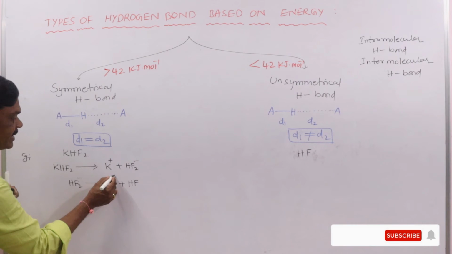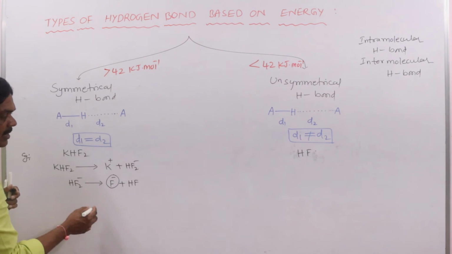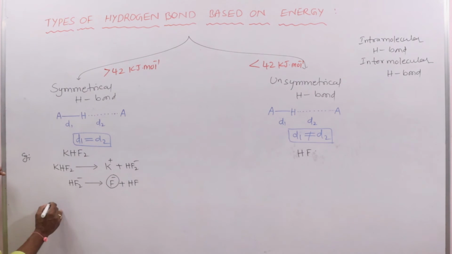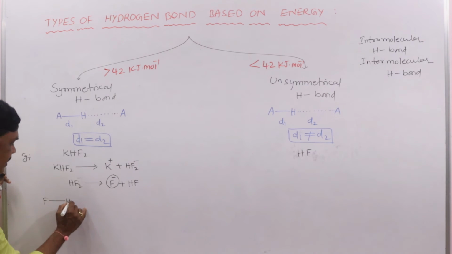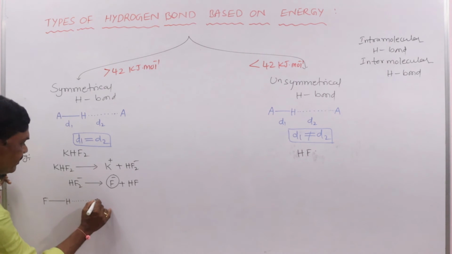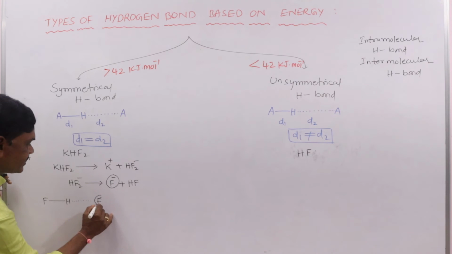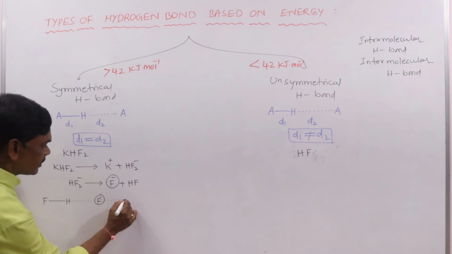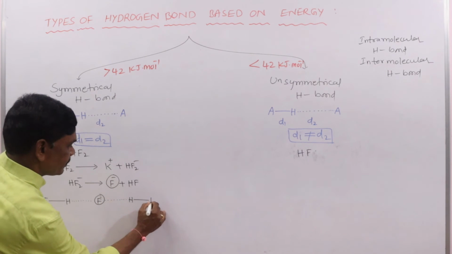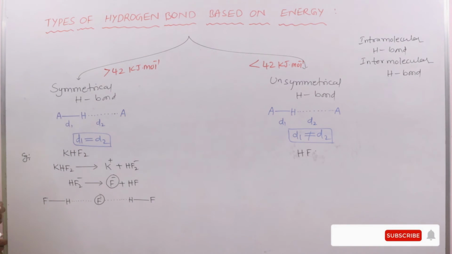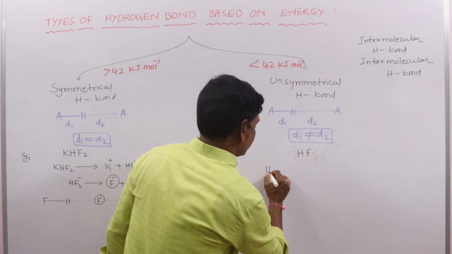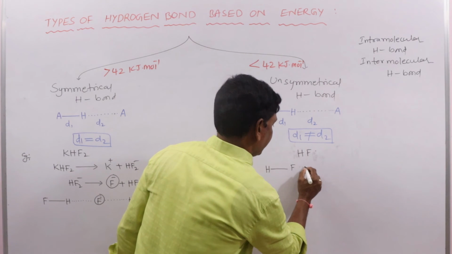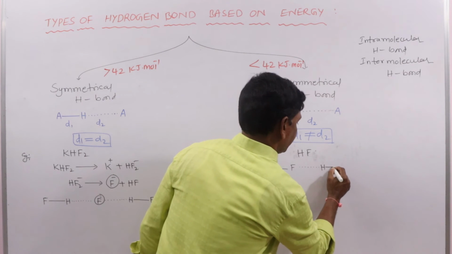So this F minus is forming a bond with HF. Here, hydrogen forms a bond with F minus. And in the other case, very simply, hydrogen fluoride, that is HF.